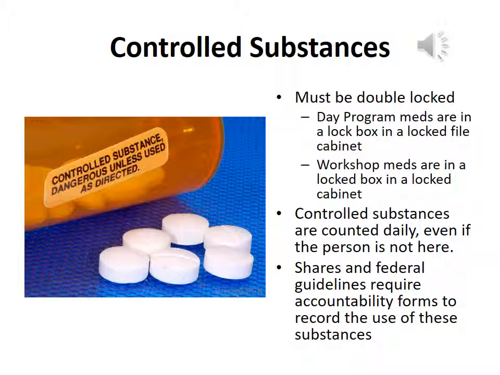The meds are in a locked box in the locked cabinet. Controlled substances need to be counted daily, even if the person is not here. As we've already said, we don't do it on weekends, but we should be doing it every day. State and federal guidelines require accountability forms to record the use of these substances.